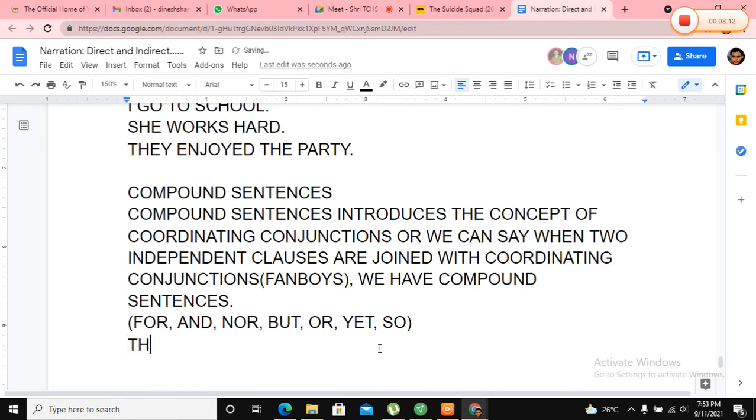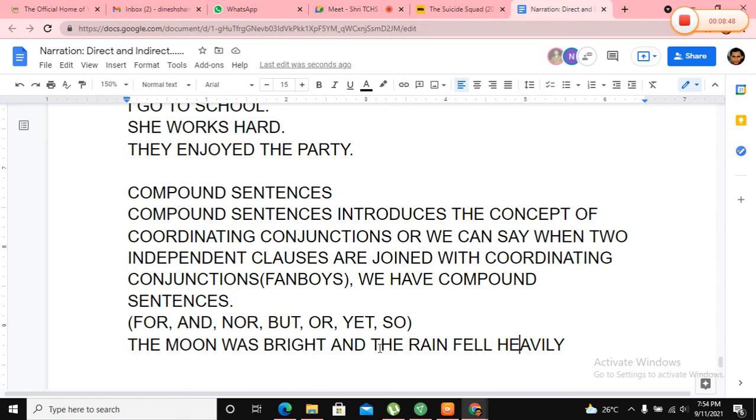Let's take some examples. The moon was bright, and the rain fell heavily, and we all got very wet.